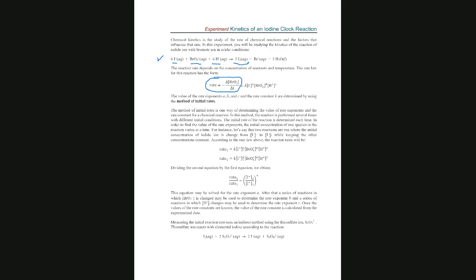If we have a chemical reaction that has a slow rate, it means only a small fraction of the molecules will react to form products. Let's say delta T is 5 minutes. If we have a small rate, the numerator is going to be small.